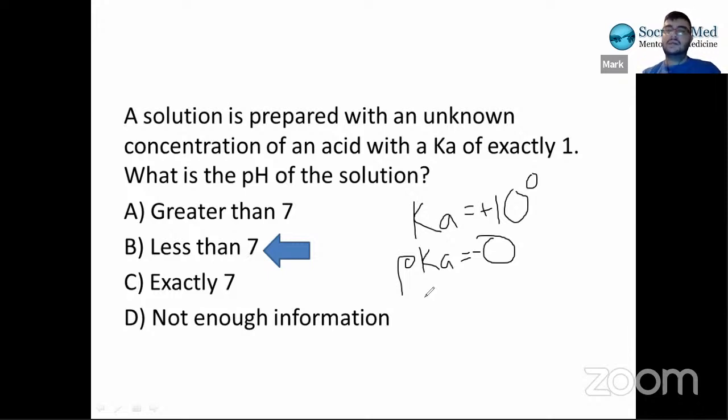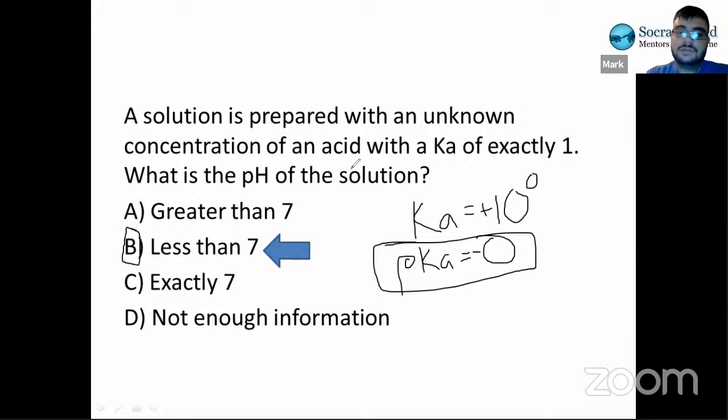I'm not exactly sure how to experimentally get Ka, but I'm sure there's a process, and that's how they determined the pK of a strong acid. But regardless, pK would be 0, which is fairly acidic. So a solution containing that would be less than 7.